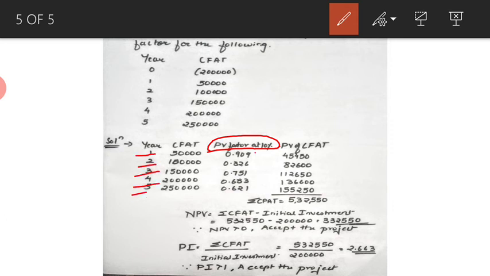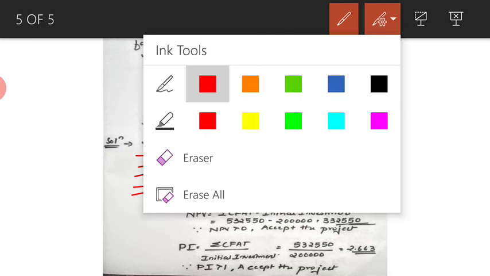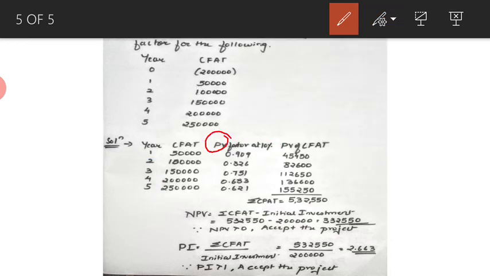Now we have to first find out the present value factors at 10% for year 1, 2, 3, 4 and 5 separately. First question to you would be whether I should use the present value factor or future value factor. Definitely I have to use present value factor because it is clearly mentioned over here. Now the next question would be whether I should use a lump sum factor or annuity factor.